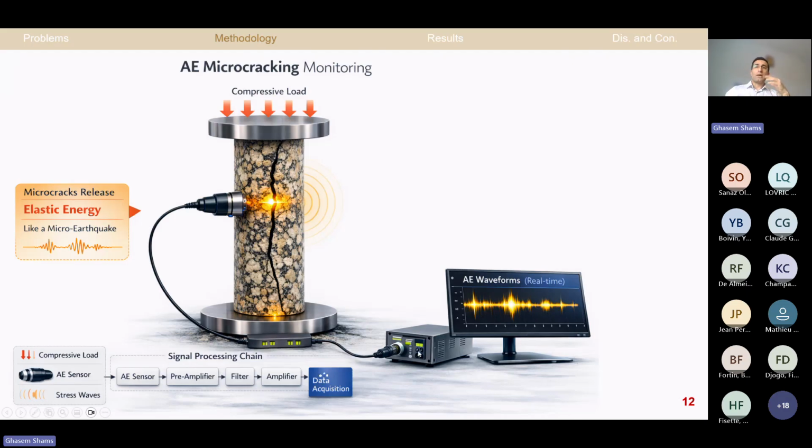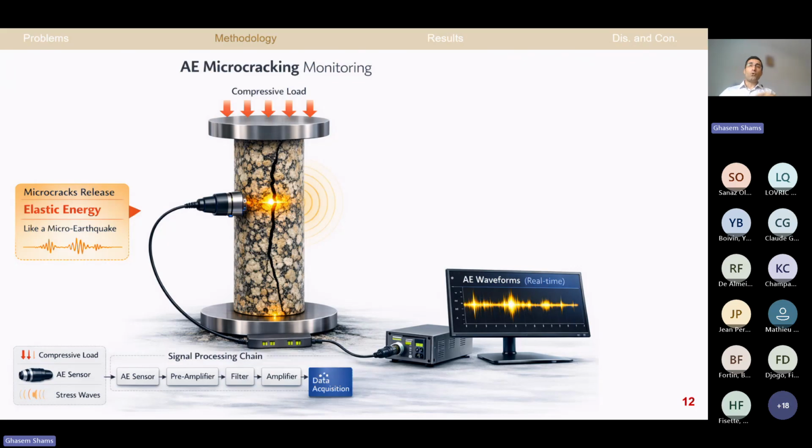When the data acquisition system detects these signals, it shows them like a digital wave, as you can see. Each spike or waveform corresponds to a microcrack inside the specimen. Okay, up to here, we have general information on how we can hear and visualize microcracking inside the specimen far before we arrive at the final failure.